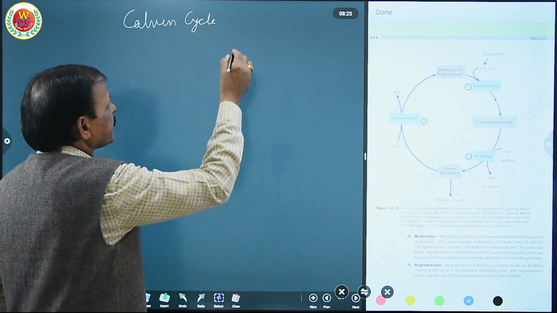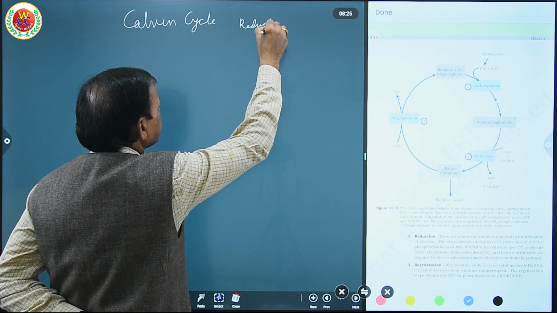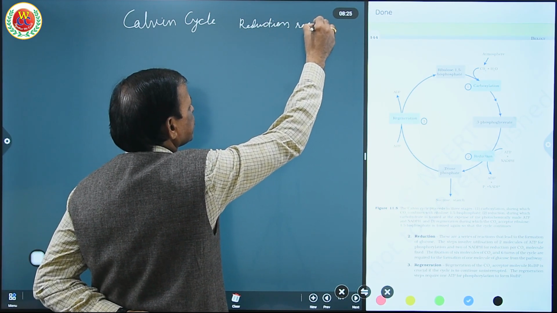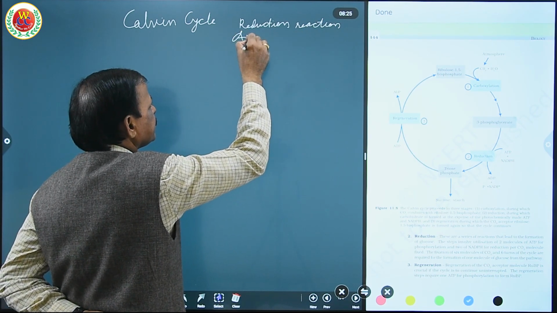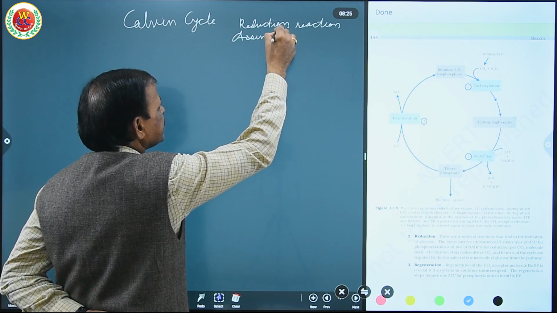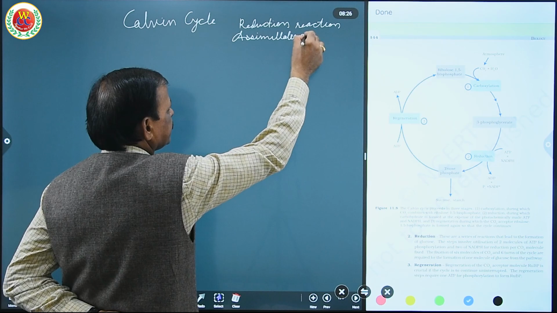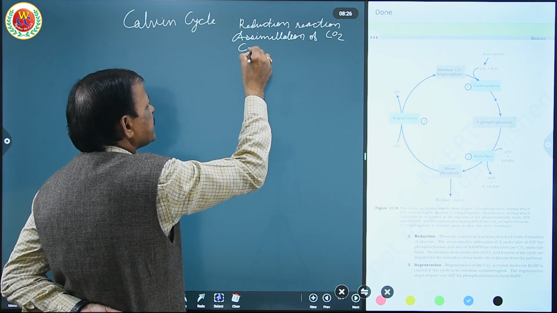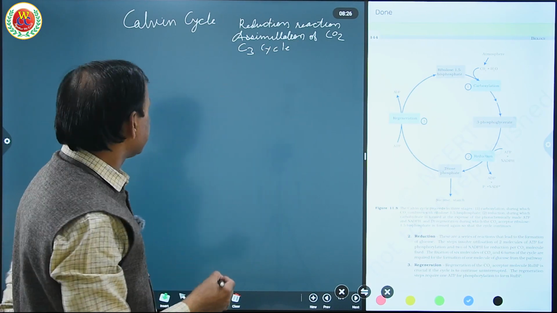Calvin cycle is also known as reduction reaction, also known as assimilation of CO2, and also known as C3 cycle, as the first product of this cycle is a 3 carbon compound.